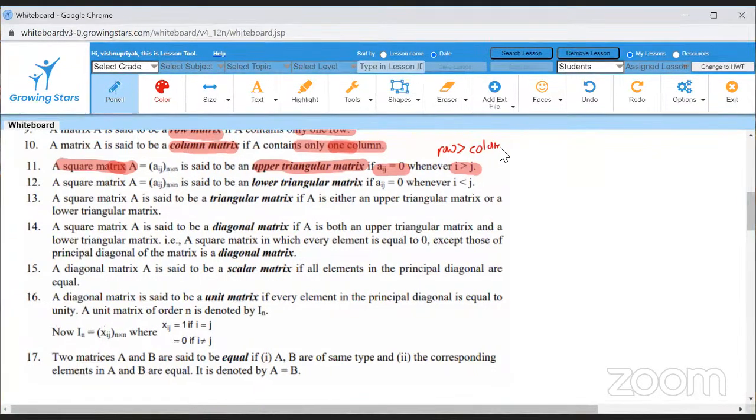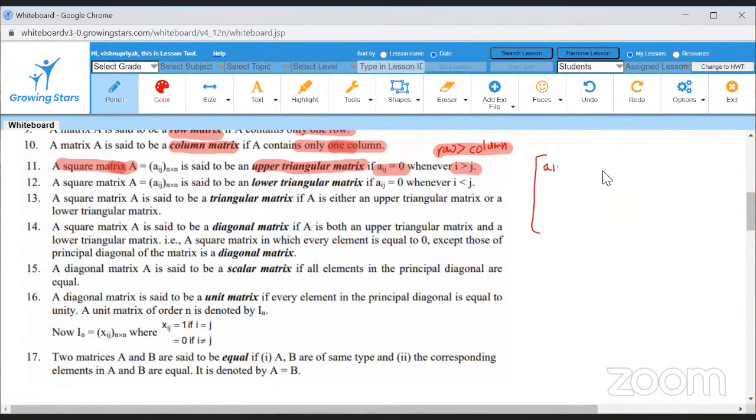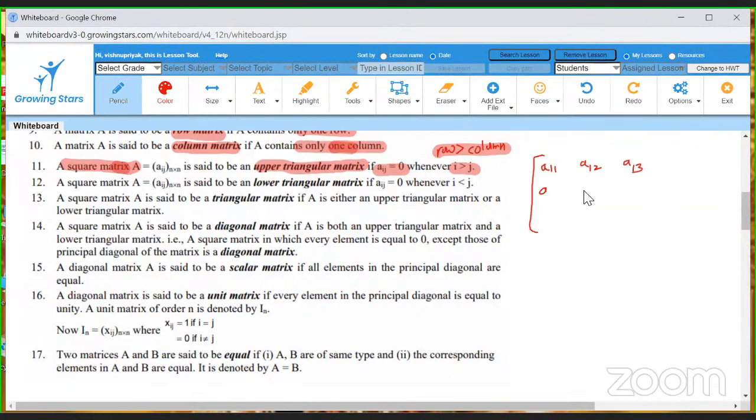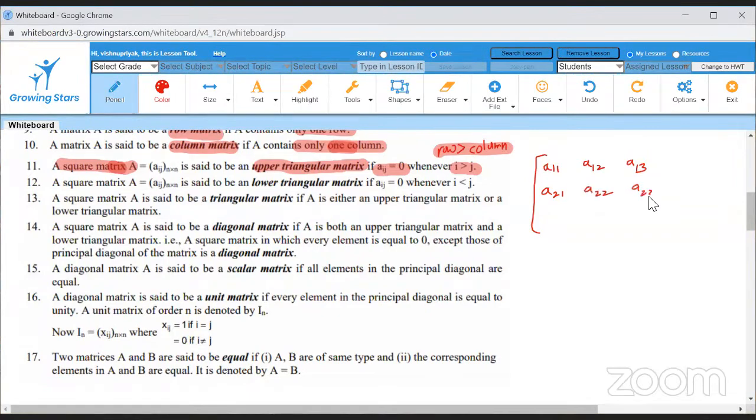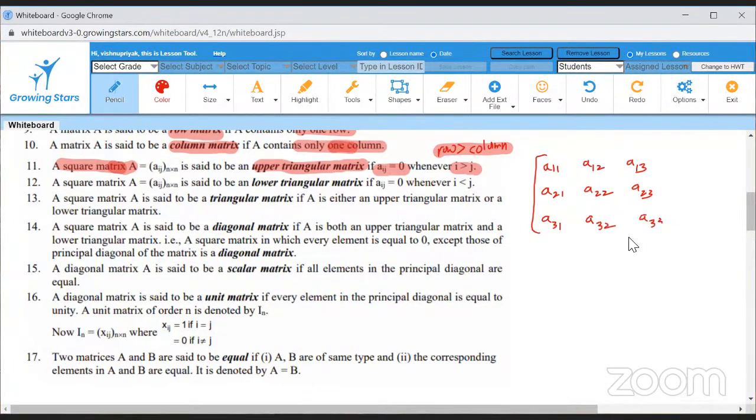Row number is greater than column number, the elements will be 0. For example, this is A11, A12, A13. Second row, first column, second row, second column, second row, third column, third row, first column, third row, second column, third row, third column.